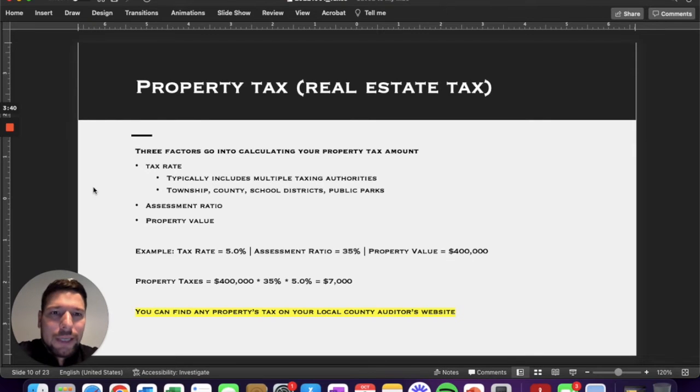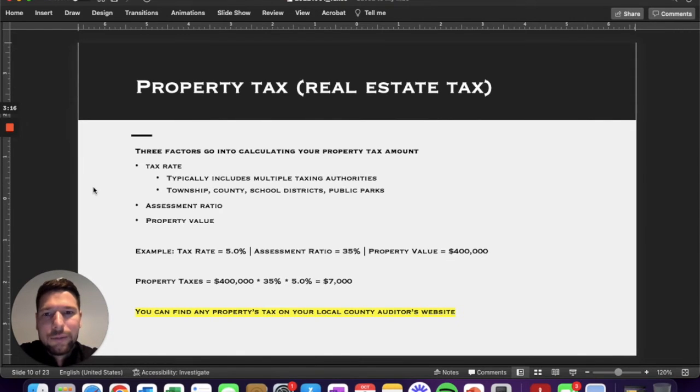And then property tax or real estate tax. For this one, there's three factors that really go into calculating the property tax amount. There's the tax rate, and this can be made up of multiple different taxing authorities. I believe in the county I live in, there's 76 different taxing authorities that can actually tax your property. This could be things like the township, the county, school districts, public parks.